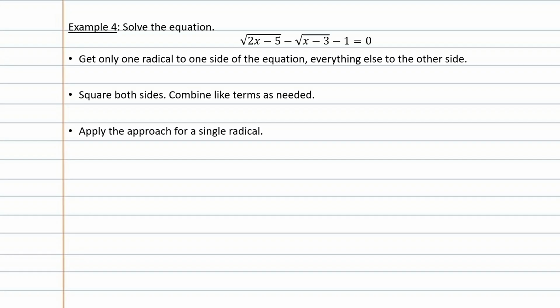So here I have the square root of 2x minus 5 minus the square root of x minus 3 minus 1 equals 0. Okay, we want to get only one radical to one side of the equation, everything else on the other. So I'm going to get this square root of x minus 3 and this 1 over to the right hand side by adding them over since they're subtracted here.